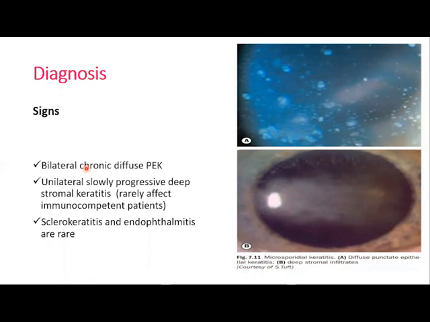On the KOH slide, you can differentiate between candida and filamentous fungi? Yes, sir, filamentous and round. I can differentiate, sir.